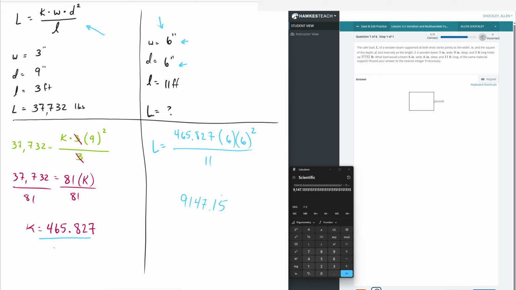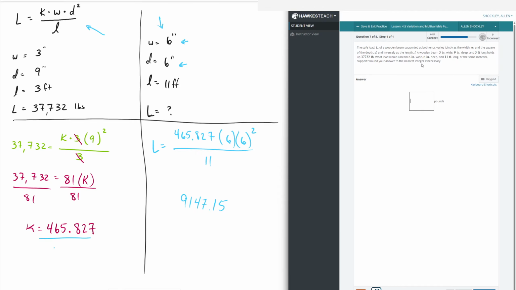Interesting. Oh, it is longer and not as deep, so that should work. Again, nearest integer, so we ignore the decimal: 9,147 pounds. Cross your fingers, and it worked.